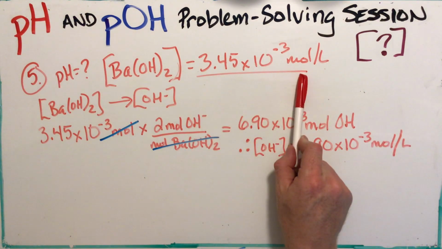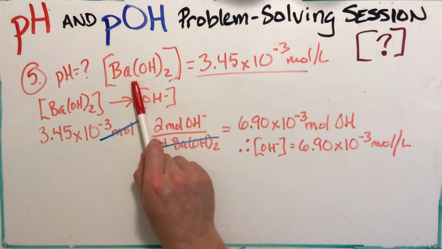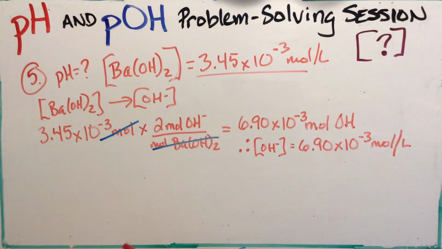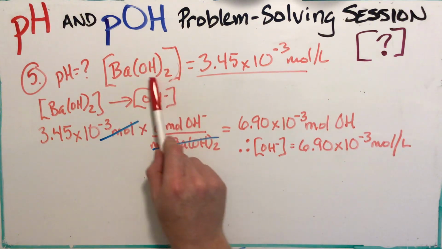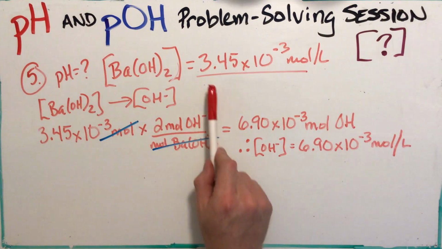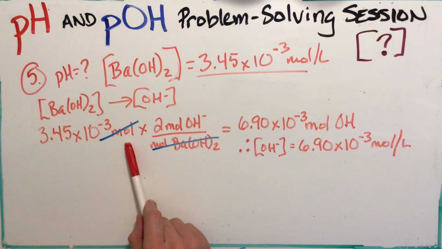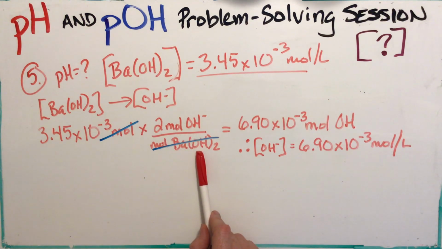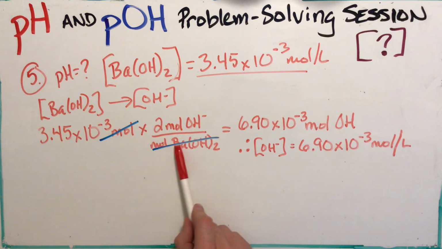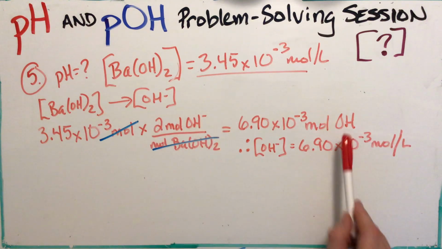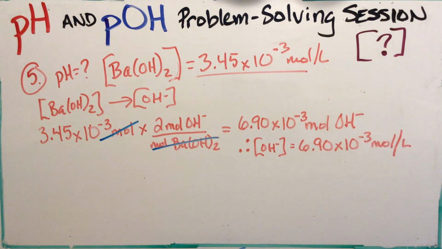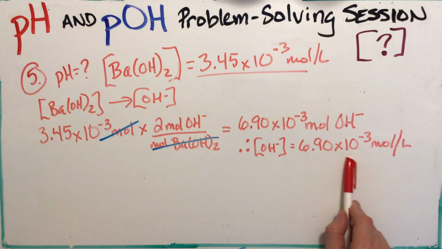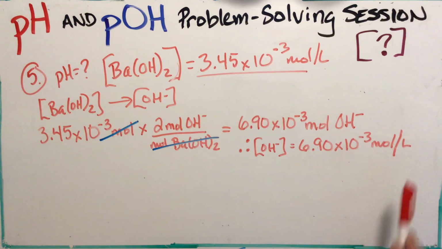This is how many moles in 1 liter I have of this. And every one of these has 2 OHs. So if I had 10 of these, I have 20 OHs. So I took the moles of the barium hydroxide and multiplied it by 2 moles of hydroxide for every mole of barium hydroxide. These canceled out and I was left with moles of OH negatives. And because it was taken out of the 1 liter, I know my concentration is 6.9 times 10 to the negative 3 moles per liter.